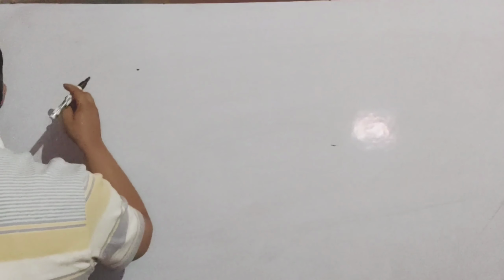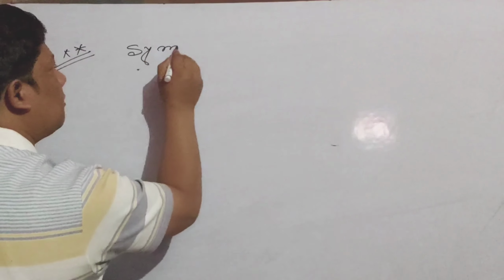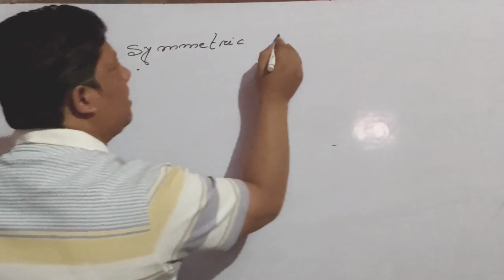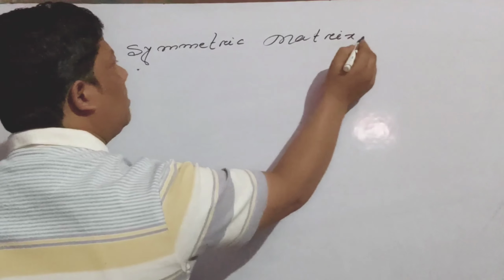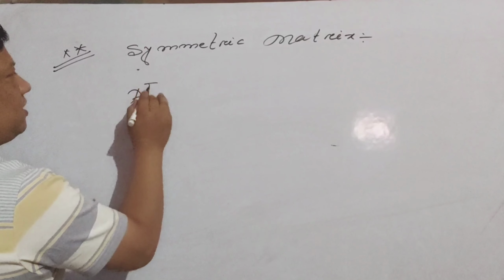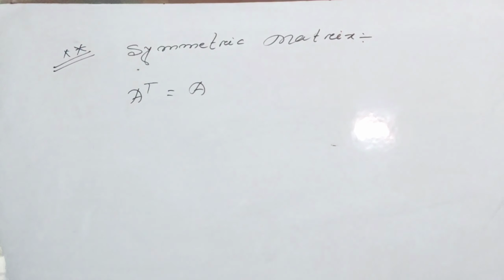Next is the symmetric matrix. Look here, symmetric matrix. If a matrix whose transpose equals A, then it is called a symmetric matrix.